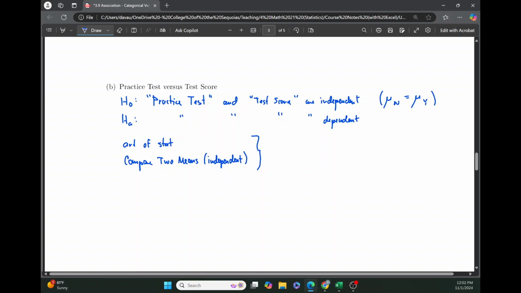Okay, our p-value 0.0007. So 0.0007 is definitely less than 0.05. So we reject H null.